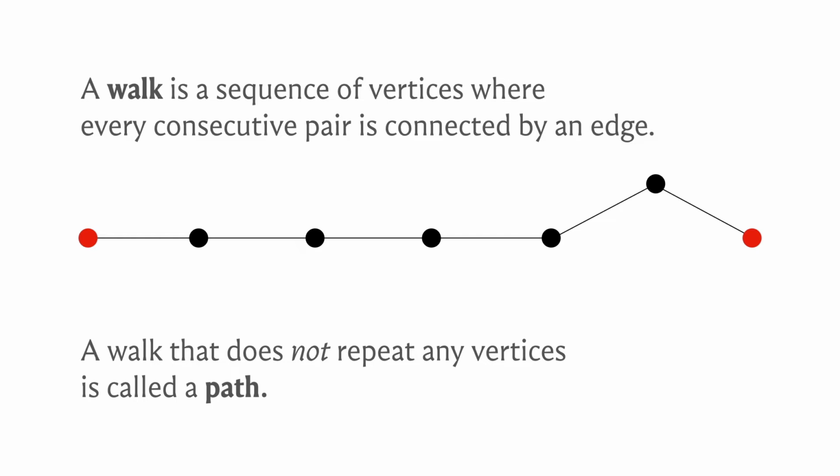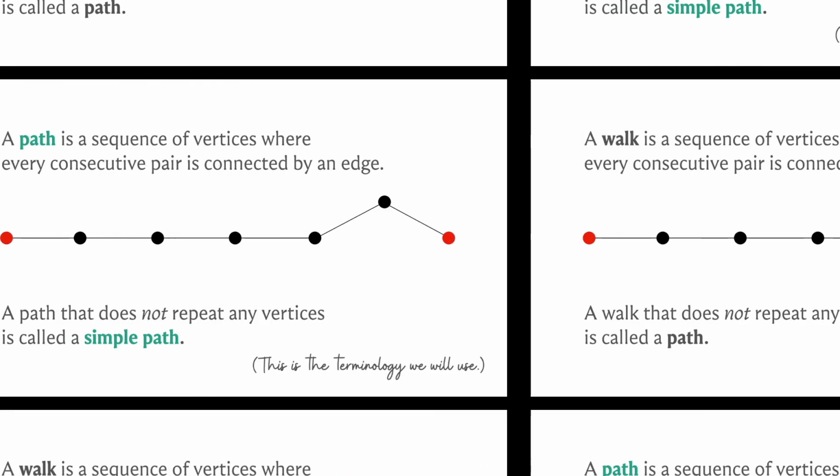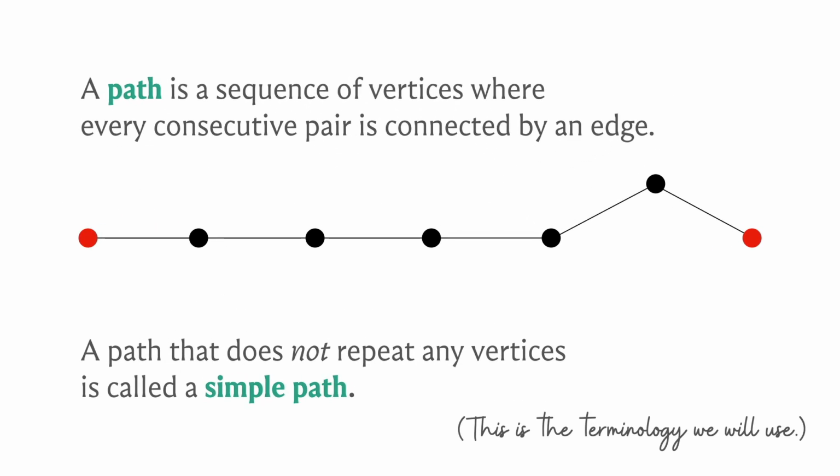Since this is the tradition in most algorithms books, I will stick to this terminology, where a path is a sequence of vertices where consecutive vertices have an edge between them and the vertices need not be distinct. If I want to emphasize that the vertices are distinct, I will refer to it as a simple path. So with that out of the way, let's finally talk about what we can do when all the edge weights are 1.